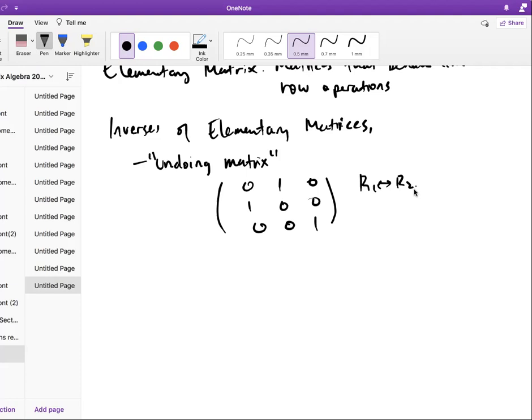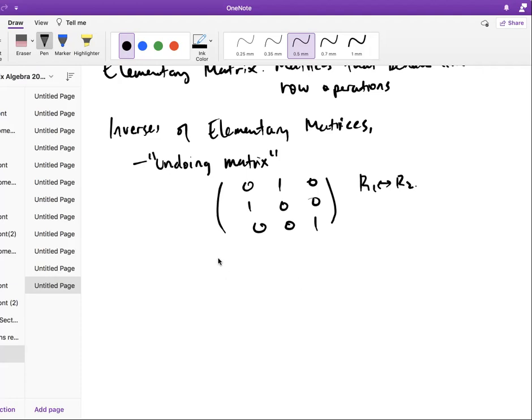So if you row swap row 1, row 2, and you said, uh-oh, I didn't want to do that, so let me undo that. How do you undo a row swap? That question makes sense? If you row swap, how do you undo that? How do you go back to where you started?